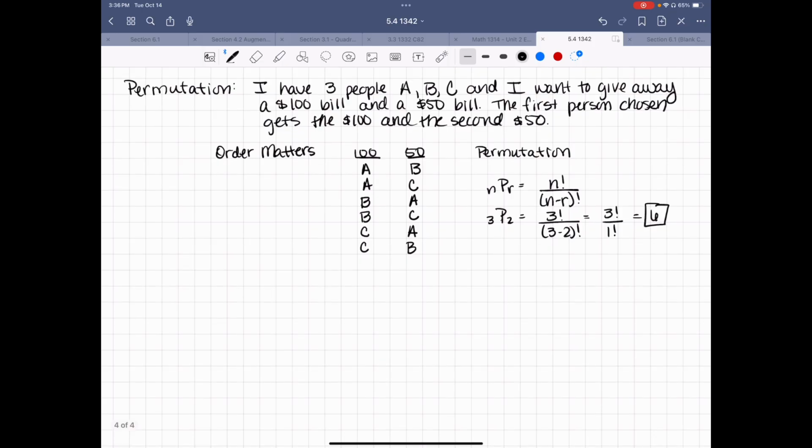Now, let's look at it if it were a combination. So, if I'm talking about a combination, I have 3 people.